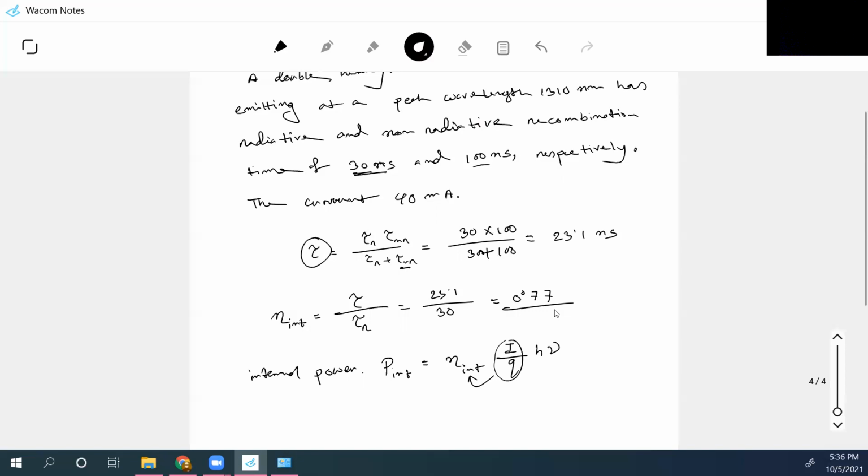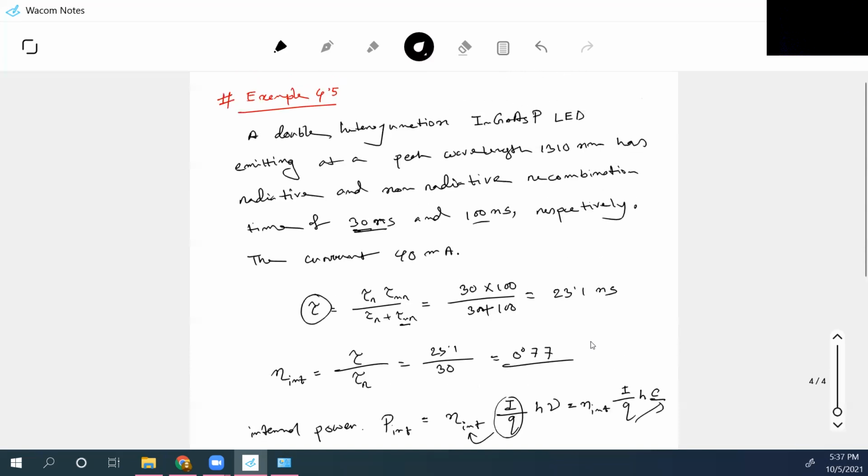So P int equals eta int times I by Q times h nu, where nu is c by lambda, because the wavelength is given.